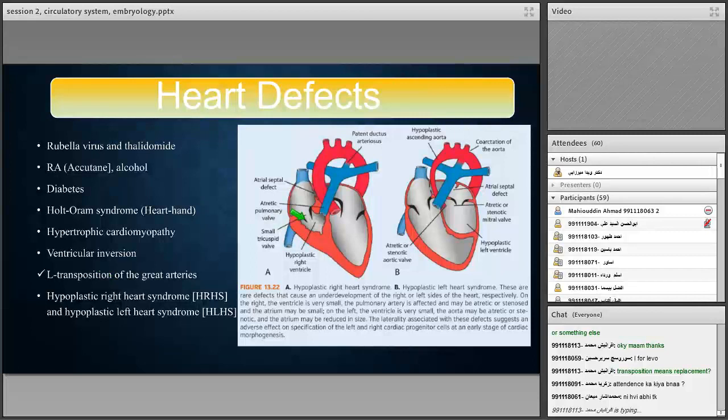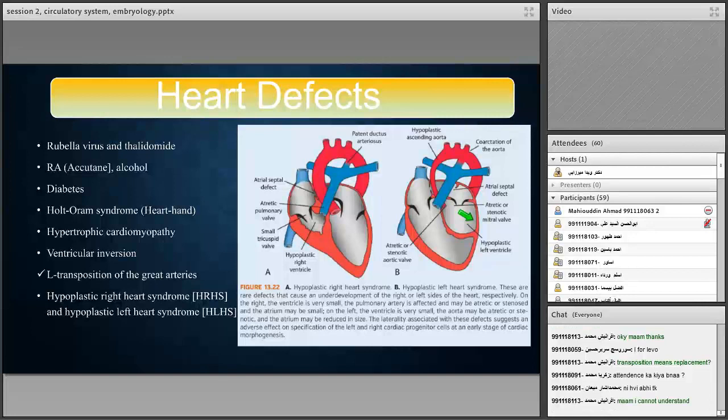On the right side, look at here, we can see that the right ventricle is very small. The pulmonary artery also is affected and may be atretic or stenosed.